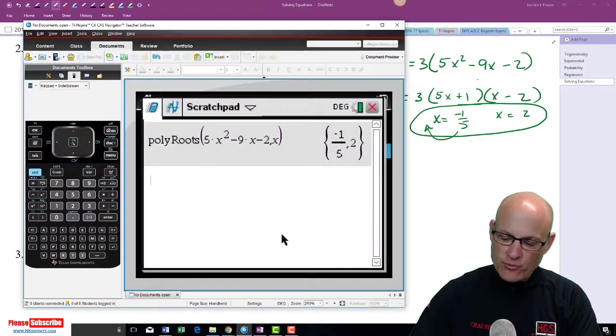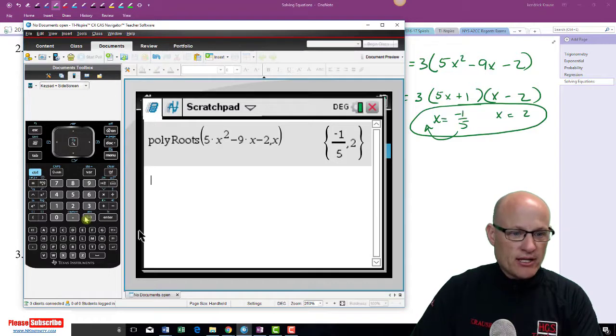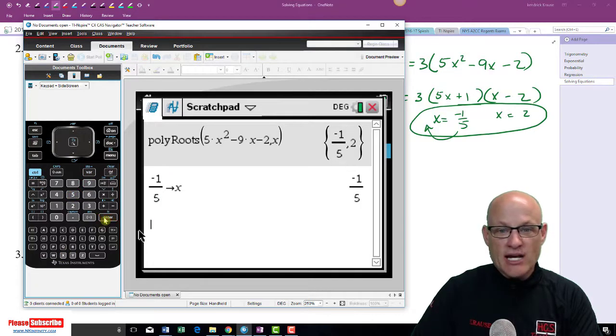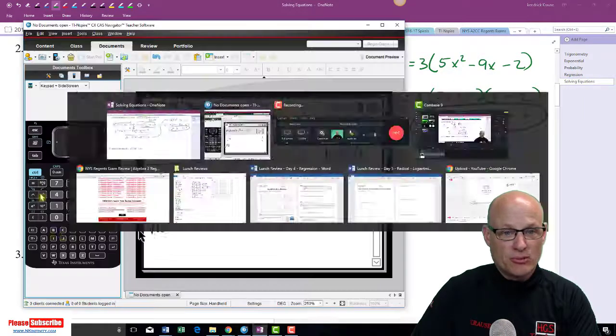So we're going to do negative 1 divided by 5, control var x. And it'll fix it for you. It'll make it look pretty. And now type in just the left side. Do not use this equal sign. It is a massive problem.